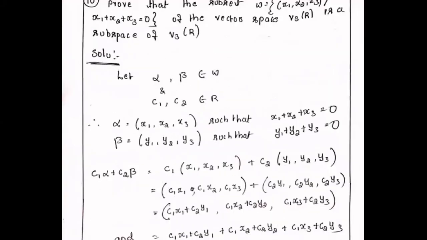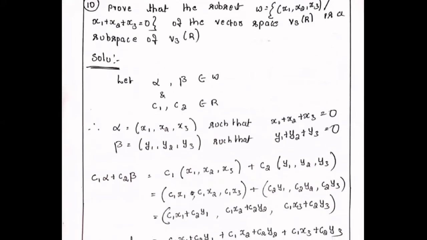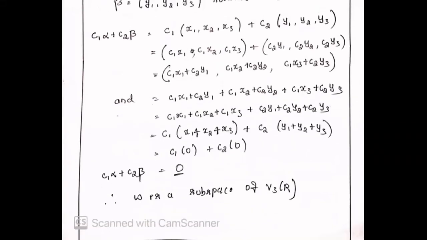In order to prove whether W is a subspace, we considered two random vectors in W, alpha and beta. Then we used the formula C1 alpha plus C2 beta, a combination of both multiplication and addition, the superposition theorem. So if you get 0, that proves it's a subspace.